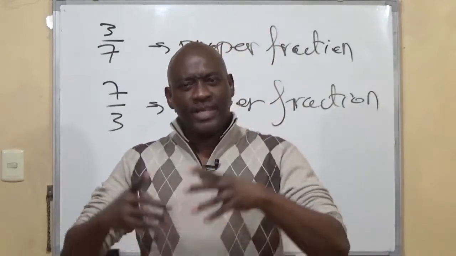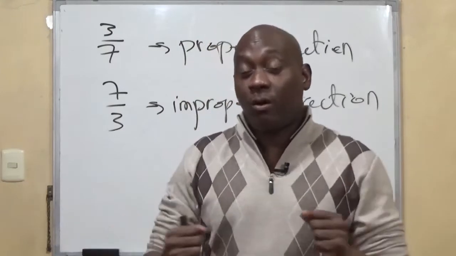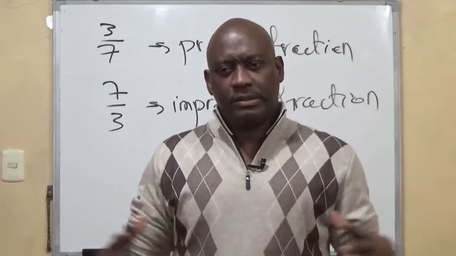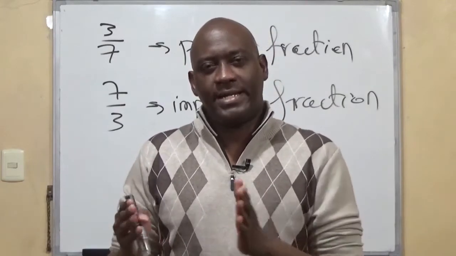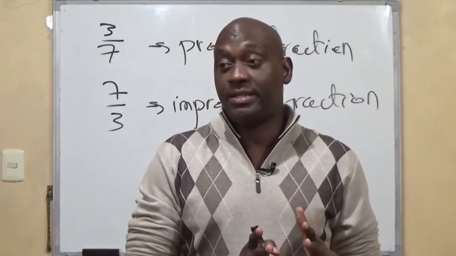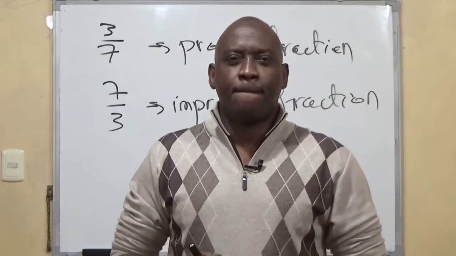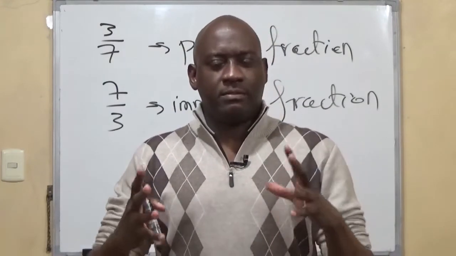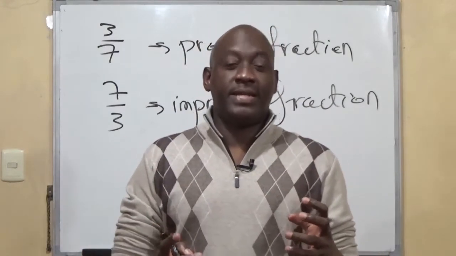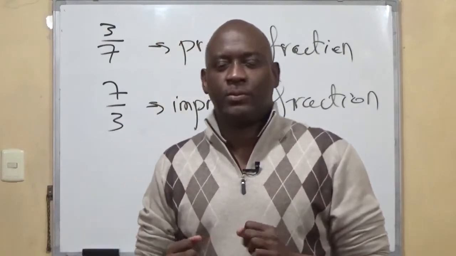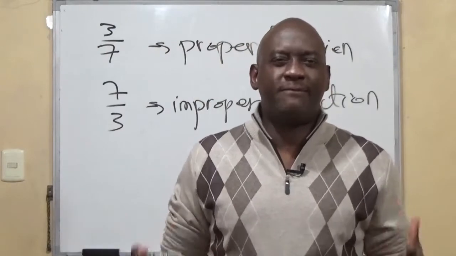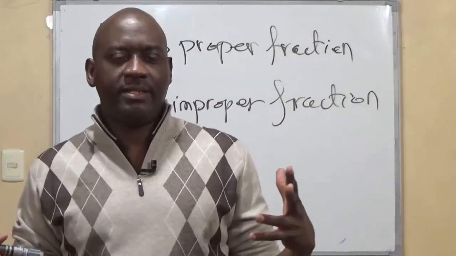So, the core principle, the foundation of addition and subtraction of fractions is this. We have to get the fractions in the same denominator. Once we get that, we don't have a problem. Matter fixed, as we say here in TNT.